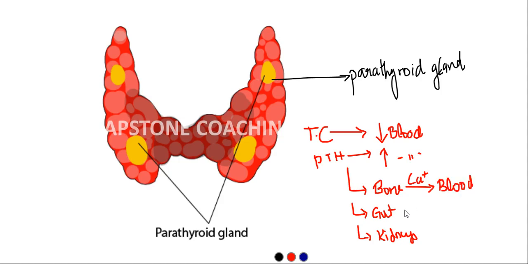In the gut, it helps in increasing the calcium from our food, so calcium absorption increases from the food in the gut. The food stays longer in the gut and it helps in absorption of calcium. In the kidneys too, it helps in reabsorption of calcium. Certain salts and water are filtered out, but this parathyroid hormone specifically will take calcium and help in its reabsorption.